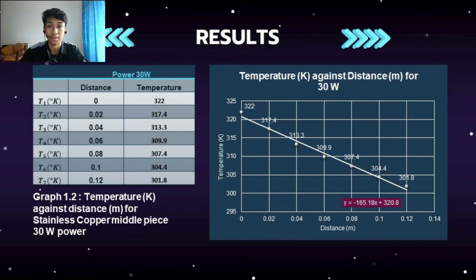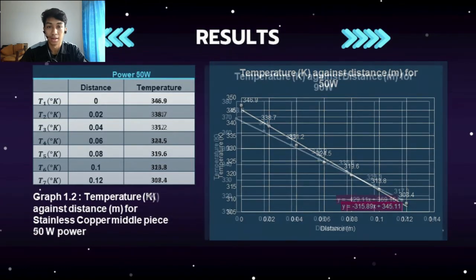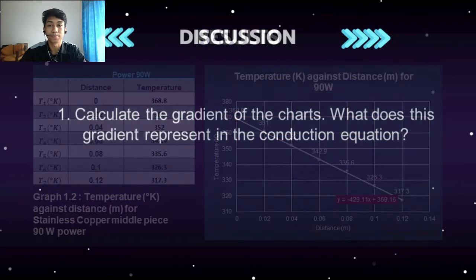As we can see, the graph is directly proportional and has a negative slope with gradient negative 165.18. When we increase the power to 50 watt, the gradient is negative 315.89, and after that, when we increase the power up to 90 watt, the gradient is negative 429.11.